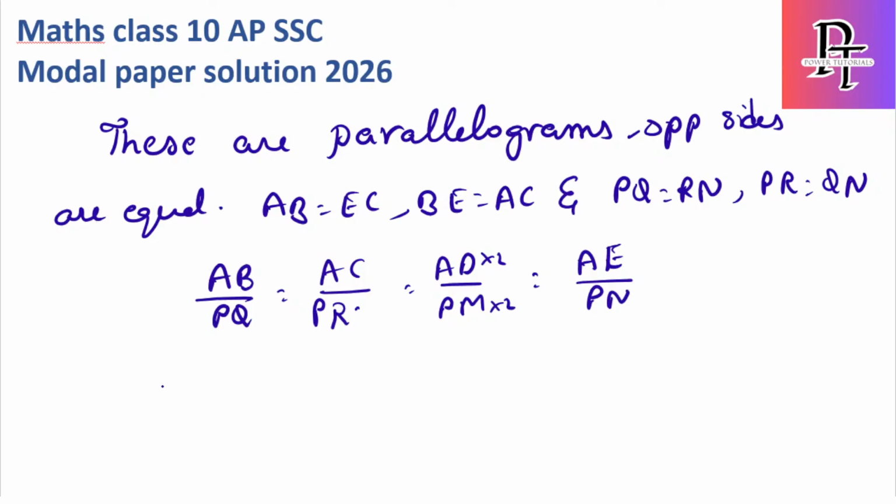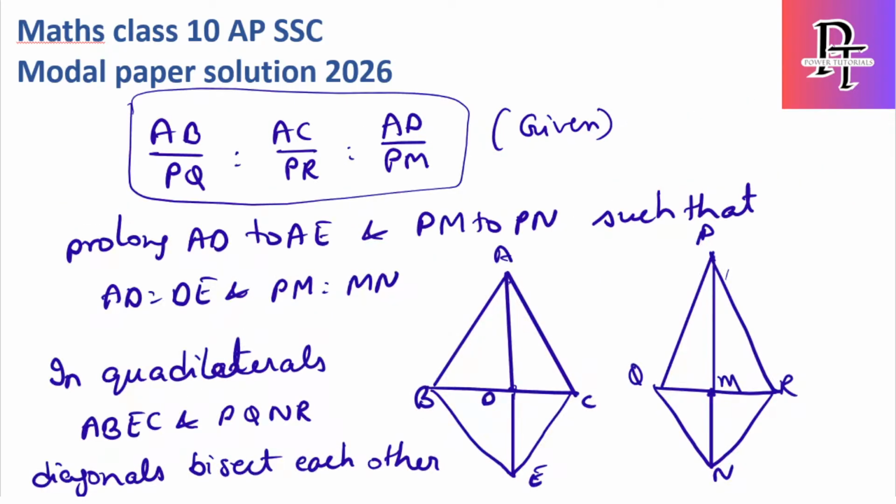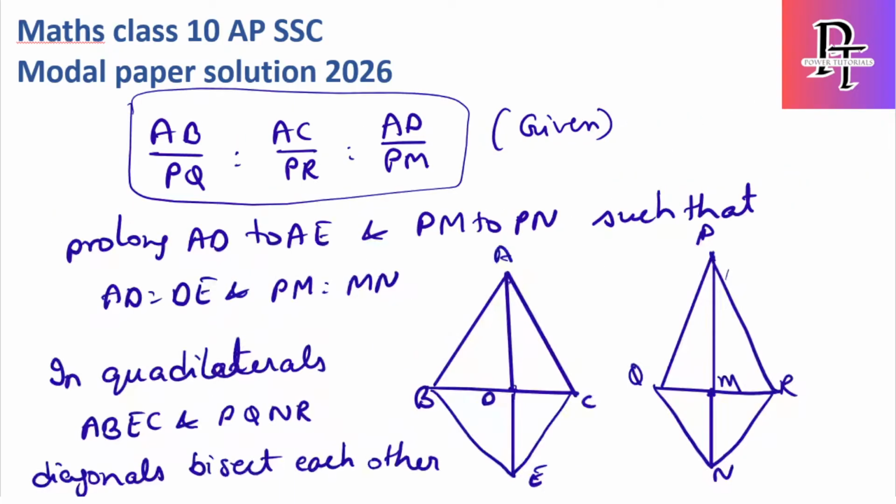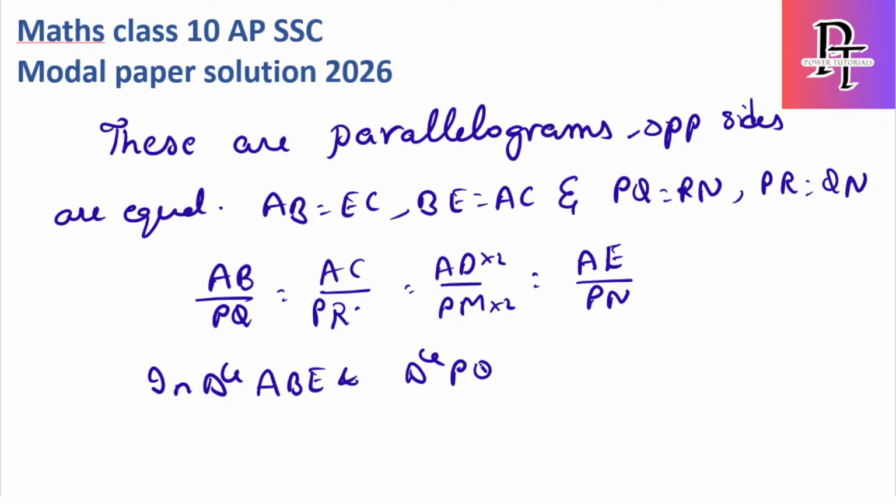Now consider triangle ABE and triangle PQN.